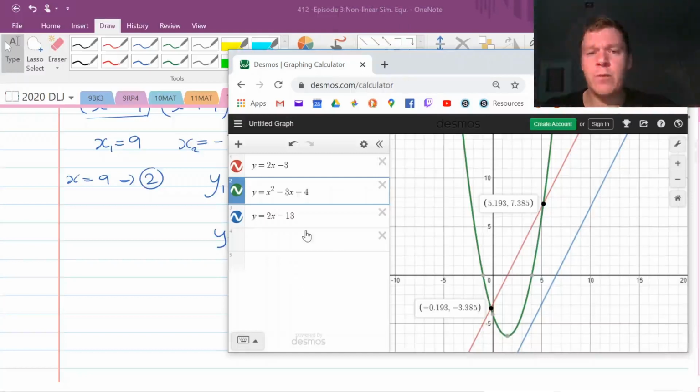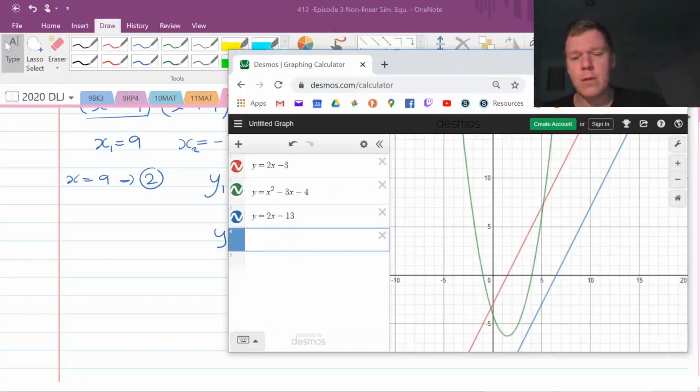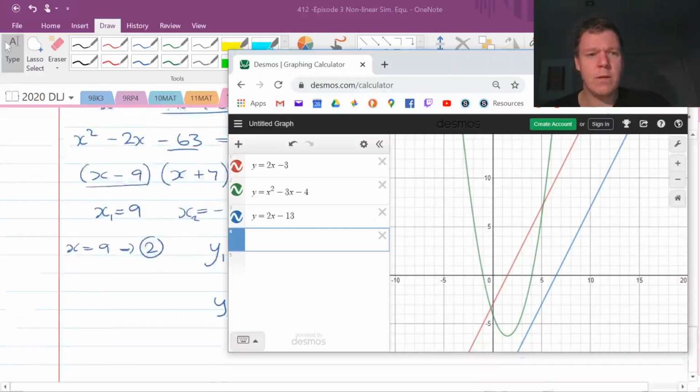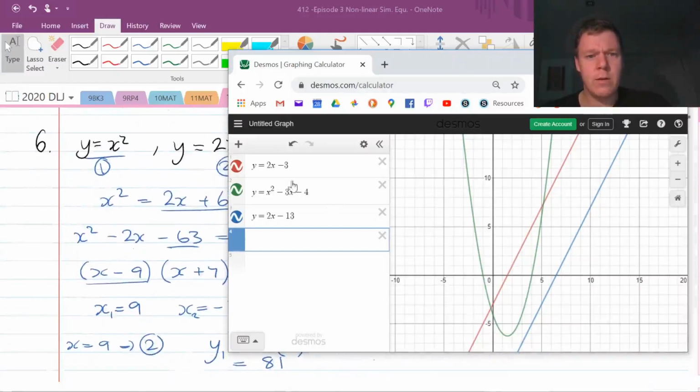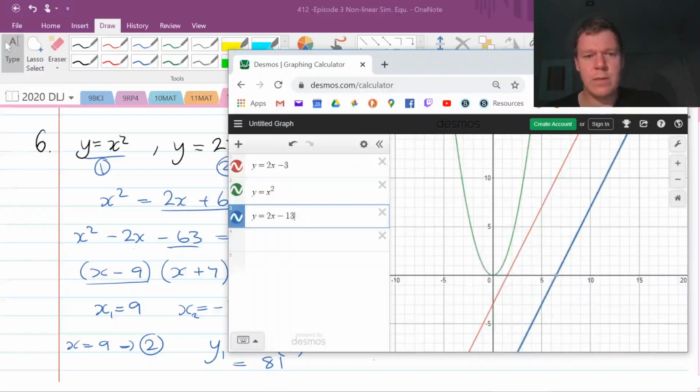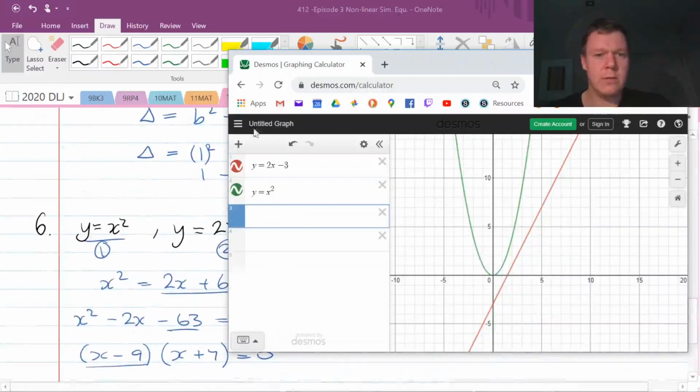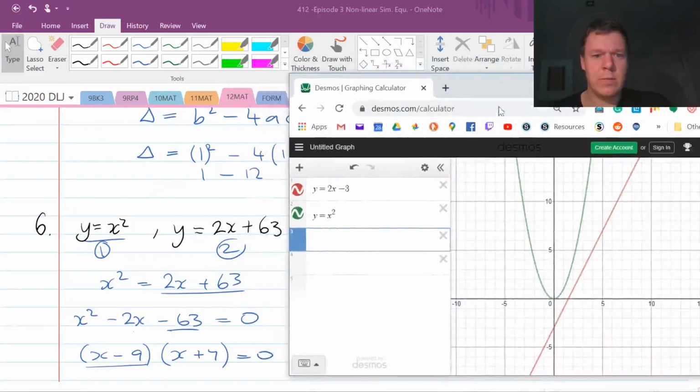So when you're doing these sort of problems, it's always good to just have Desmos in the background, so you can just play with those formulas. So what do we have? We had just a straight x squared term, and we also had 2x plus 63.